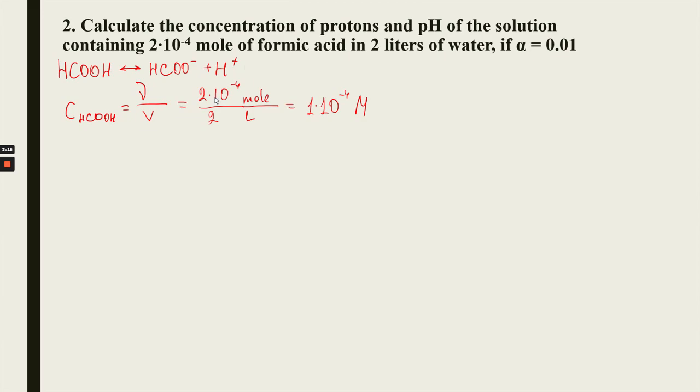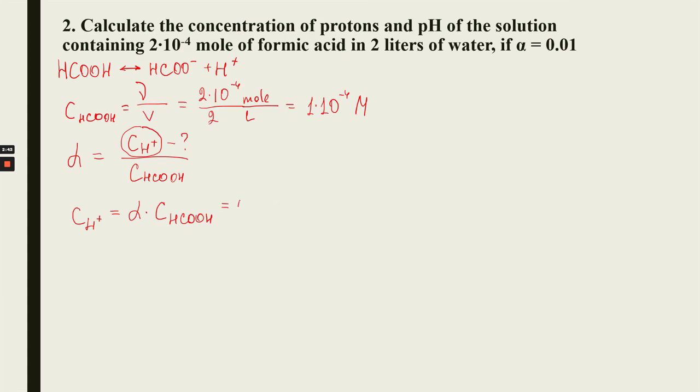So we use the same approach as we used on previous problem. Alpha is equal molar concentration of protons divided by molar concentration of acid. So we have to find that. So we write that molar concentration of protons is equal alpha multiply molar concentration of acid.